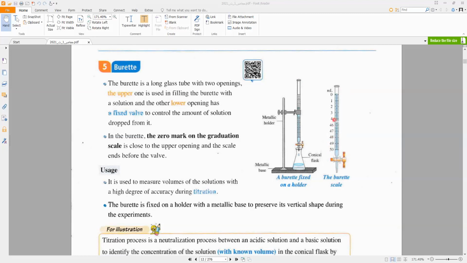The burette is fixed on a holder with metallic clamps to keep it vertical during titration, because if the burette is not vertical, it gives a wrong reading for the volume used in the titration process. Burette is used with the conical flask in titration.